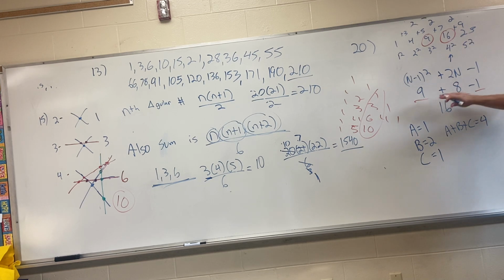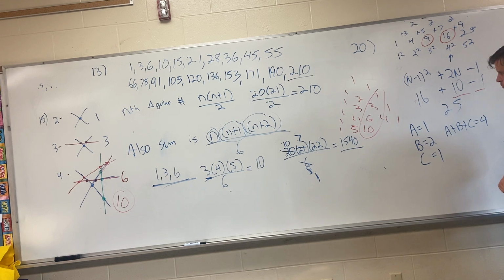Let's look between 16 and 25. Let's say you could handle 4 squared, but you couldn't handle 5 squared. So 4 squared, or 5 minus 1 is 4, squared is 16. 2 times 5 is 10, minus 1 is 25. So then I wrote this weird formula.